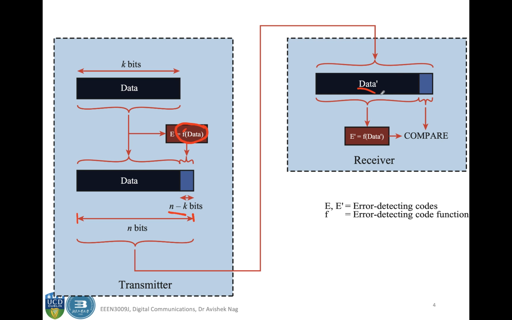This might contain some error because of noise and other channel impairments. So you first separate the data and the check bits, then calculate the same function f of the received data, and compare them together. If they do not match, then there is an error and you can detect that error.